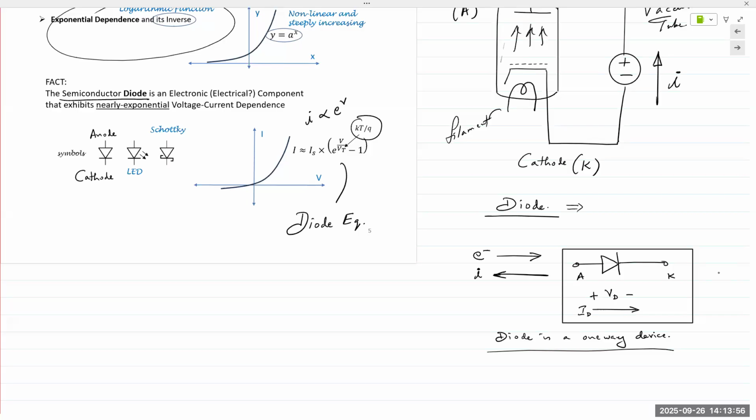All right. So what are applications of diodes? Diodes are used in numerous different kinds of circuits, but by far the most important and the most common application of a diode is in converting AC to DC.